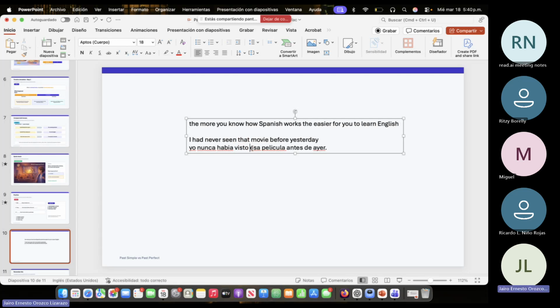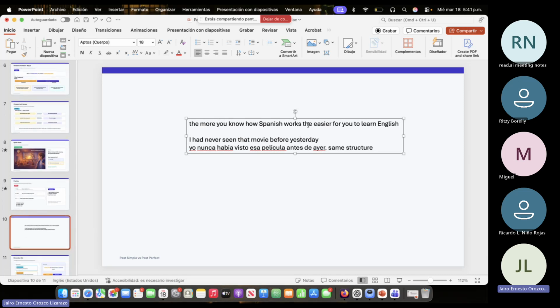That, esa, movie, película, before, antes, yesterday, de ayer. So basically the same structure, which is a huge advantage for us when we want to learn English. English and Spanish are very similar. Okay. So that is something that we have to keep in mind. The more you know how Spanish works, the easier for you to learn English.